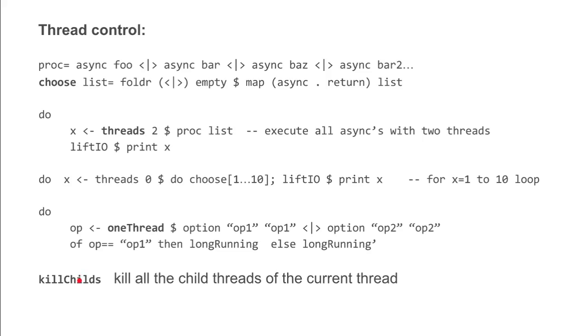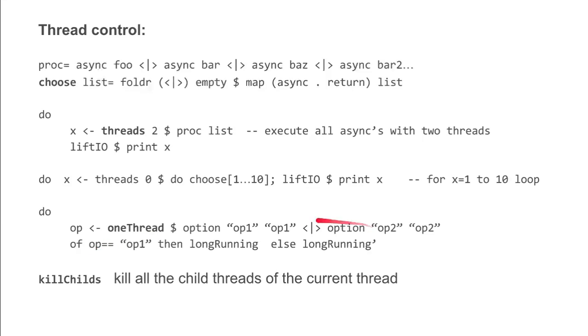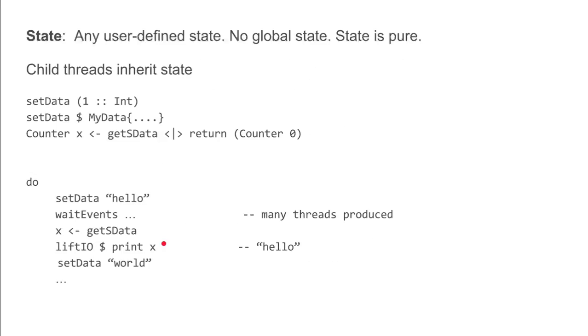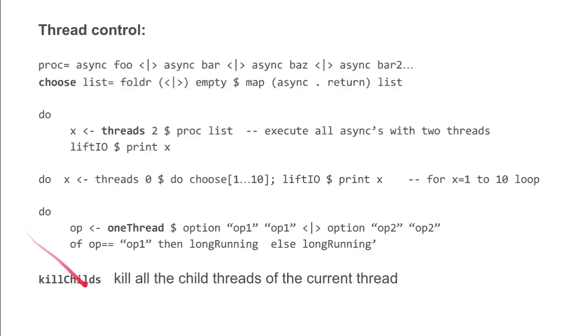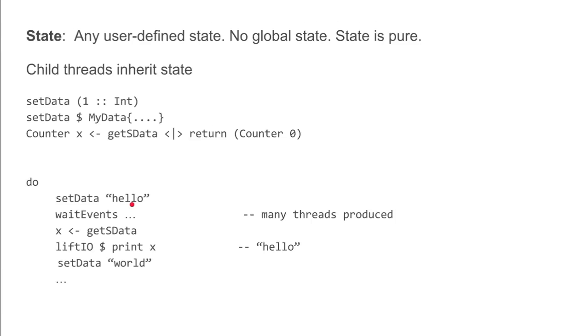Another primitive is killChilds. oneThread really uses killChilds to kill all the children of these options, so it's a little more than killChilds before executing the continuation. Well, there are more subtleties here, but I don't want to get hooked on that.